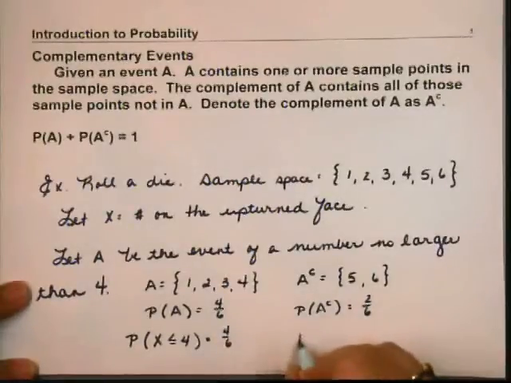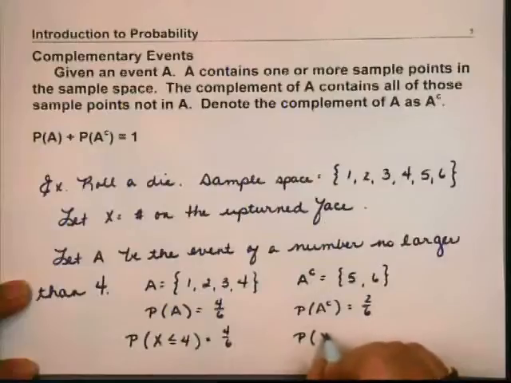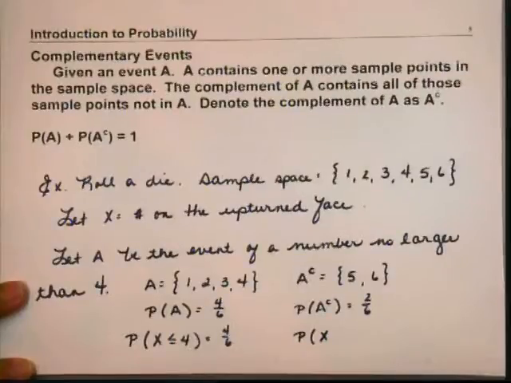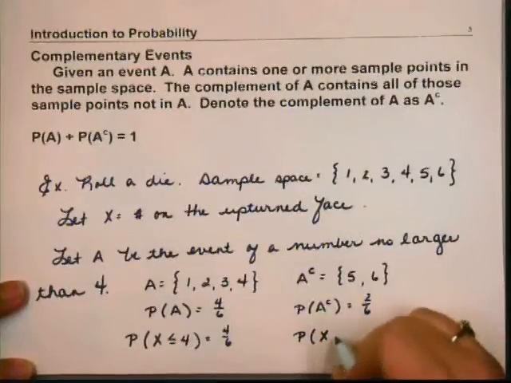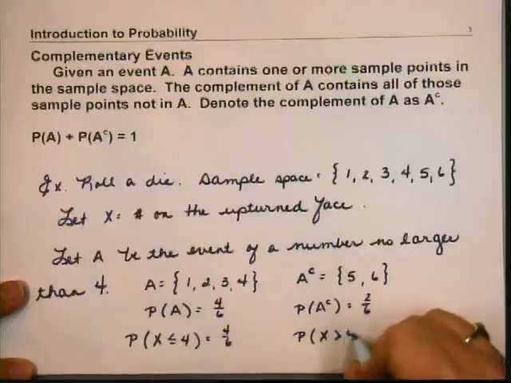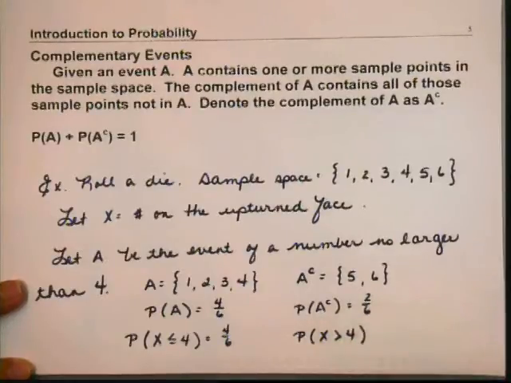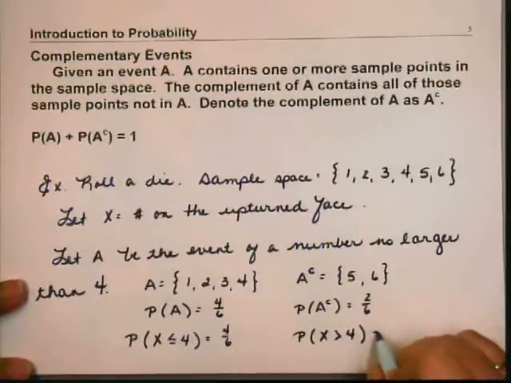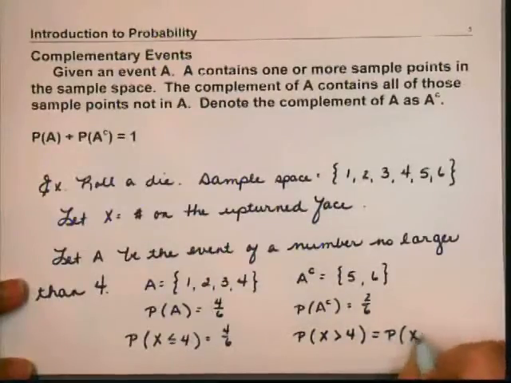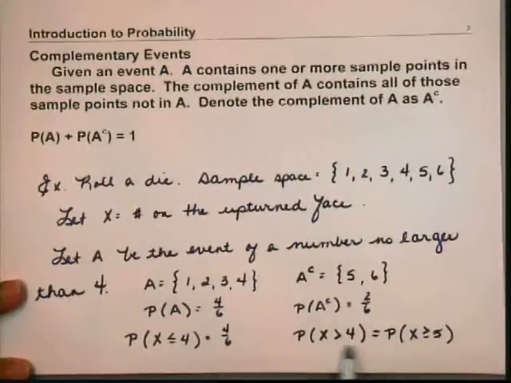All right, so we could write this then as the probability of X what? What's the opposite of less than or equal to 4? Strictly greater than 4. How else could we have written that in this case? We could have written it as greater than or equal to 5. When we have a discrete random variable, we can do this, because there's this apparent jump.